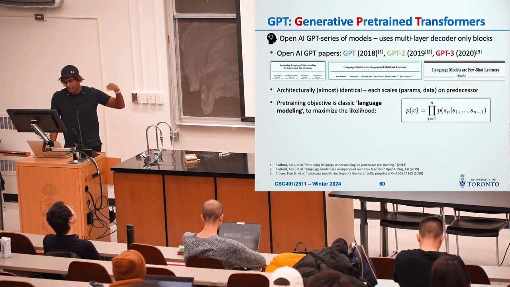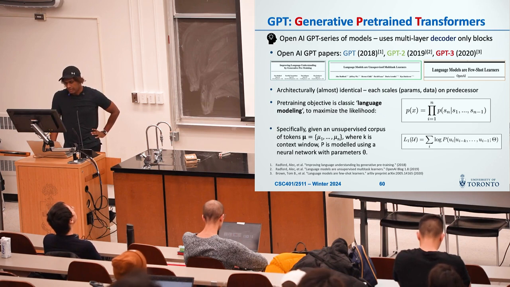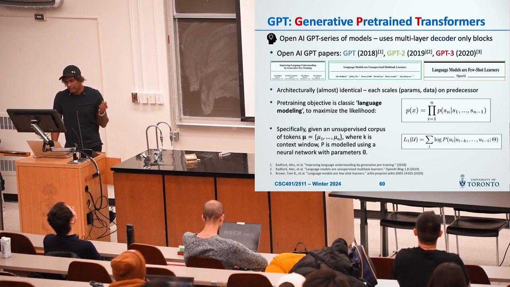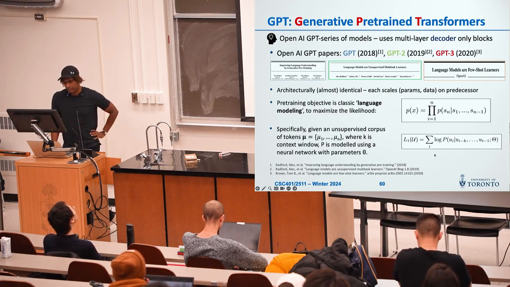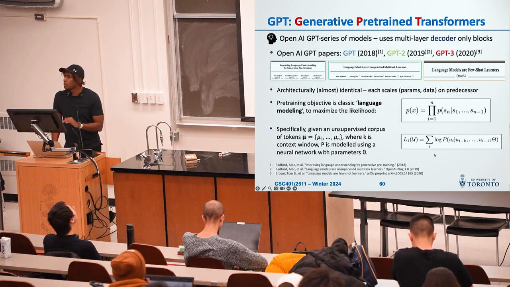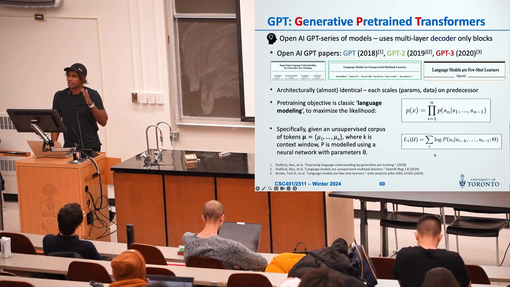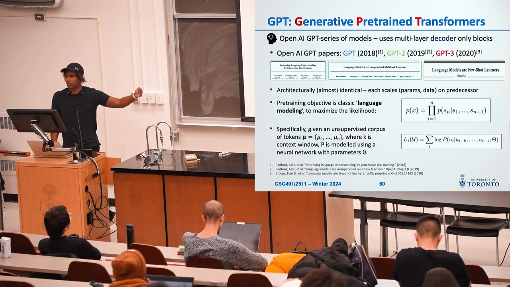It just uses the classical language modeling objective, which is that you're trying to predict the next token based on previous tokens that you have seen, okay? Specifically, the loss objective is something like this, the same LM objective. You're trying to maximize the LM objective, okay? And it's auto-regressive, meaning that it's conditioned on what it has seen before.